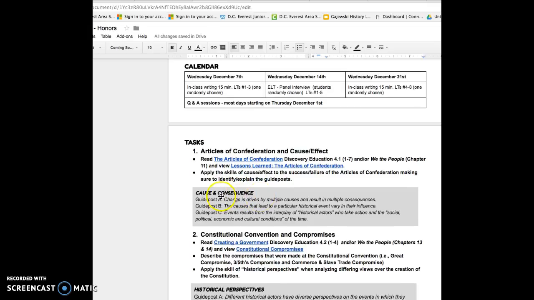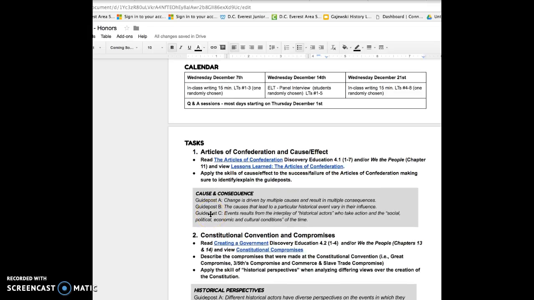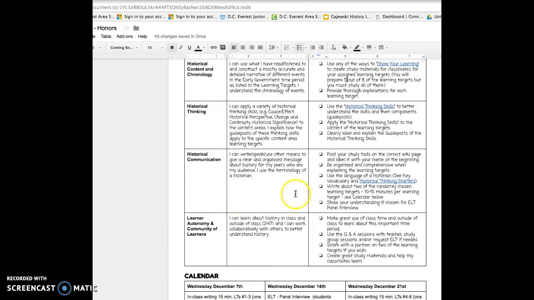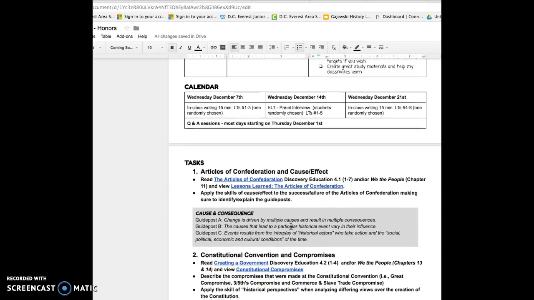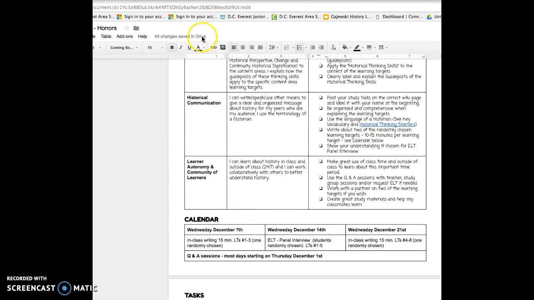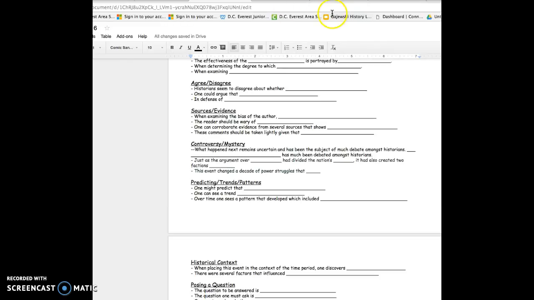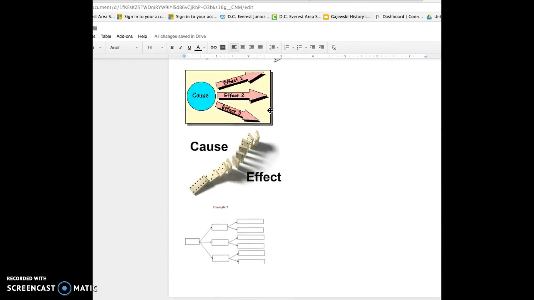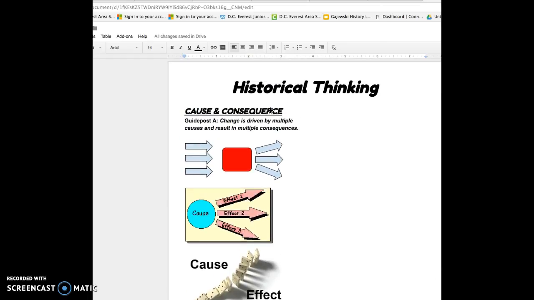This skill is cause and effect, and there are several different what we call guideposts or kind of components to that. That's going to be important that you apply those skills. So we aren't just going to talk about the Articles of Confederation. We're going to make sure that we're applying this and discussing this right here.